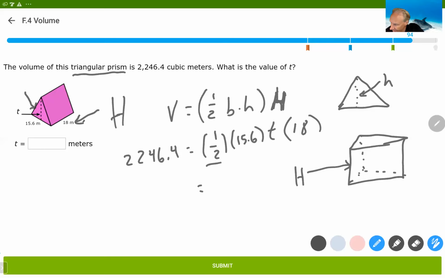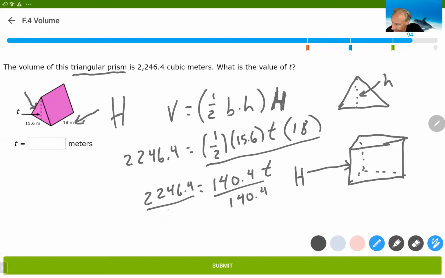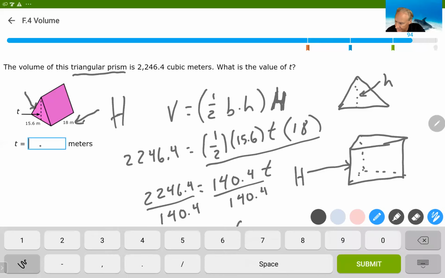When I simplify all this, I get 140.4 times t is equal to 2246.4 divided by 140.4. Which is 16. Oh, exact. 16 meters.